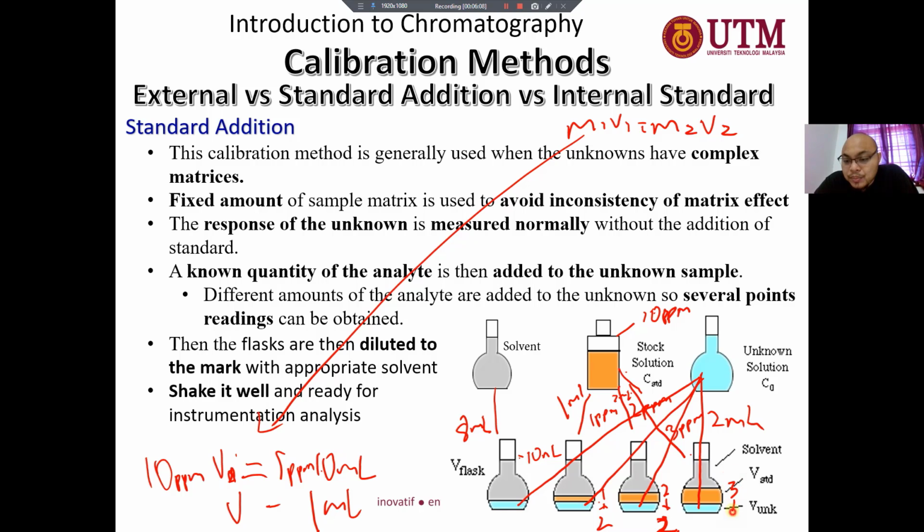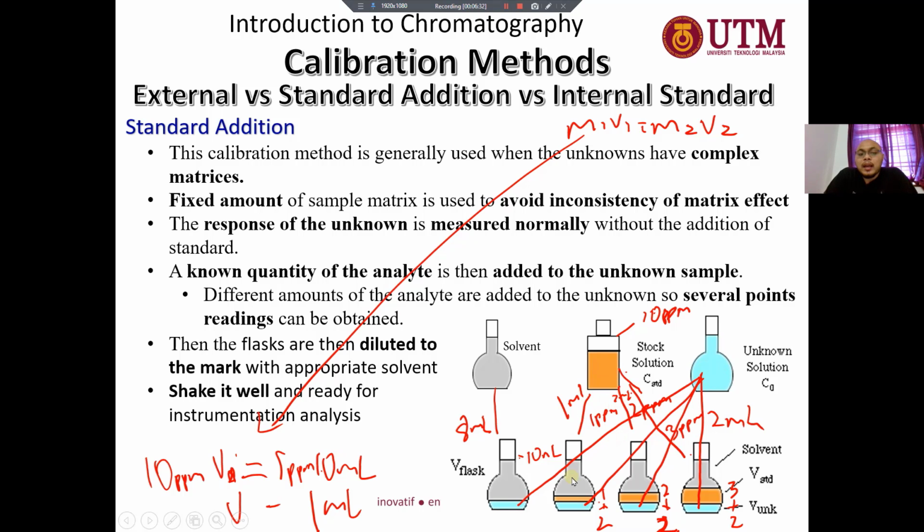Here is 3 plus 2. The 2 is for your unknown solution or your sample. 1 is for stock solution, 2 is for stock solution, 3 is for stock solution, or 3 mL. 1, 2, 3 mL of stock solution, and 2, 2, 2 mL from the unknown.